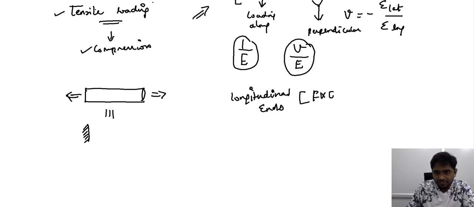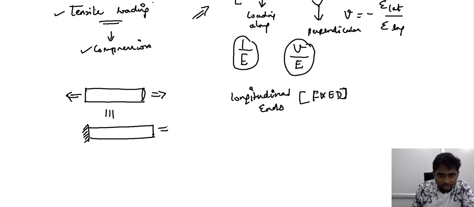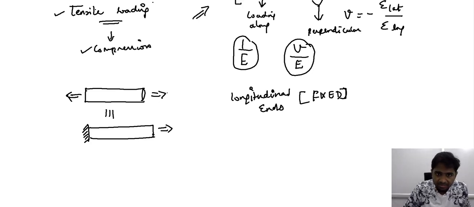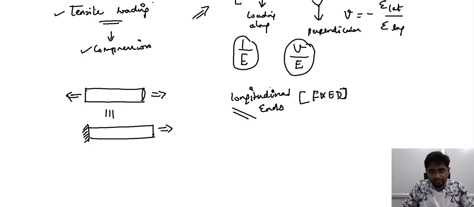Once you have fixed this longitudinal end, all we need to do is impose the load along this direction, and this will correspond to the tensile loading. So the generalized way of representing tensile loading would be the load along, in this case, the longitudinal direction, and the load is stretching your material. The other way of imposing the same nature of loading is fixing the sample at a given longitudinal end, and then imposing the load along this direction.